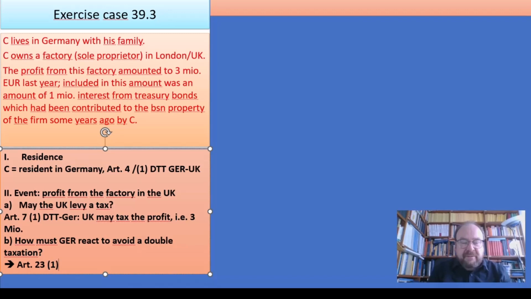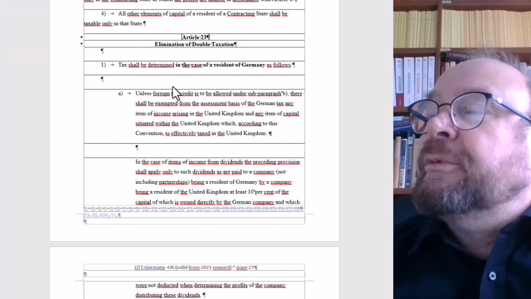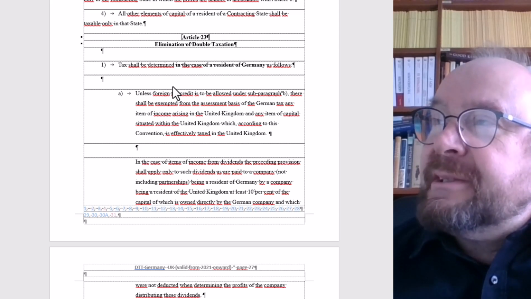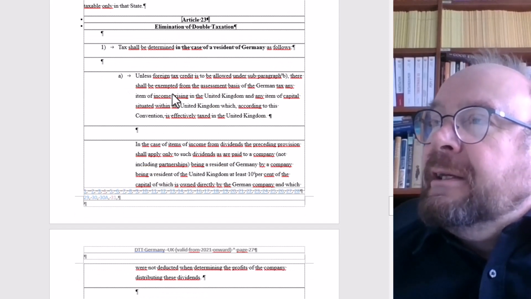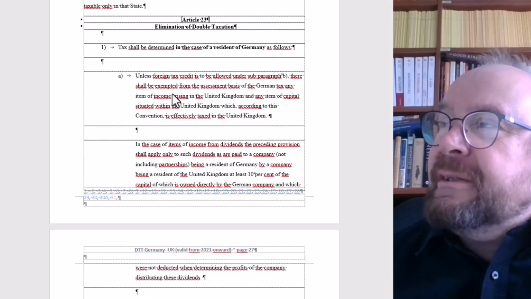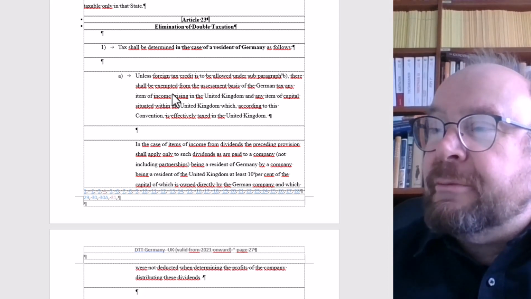It was paragraph 1 in Article 3, and the rest we have to find out by looking it up. You see here again, Article 23, the first paragraph relates to persons resident in Germany. The basic principle is again that if subparagraph B does not talk about a tax credit, then the exemption method will be granted.